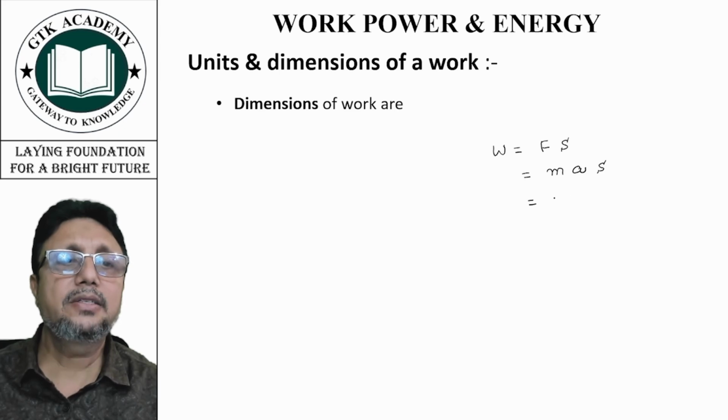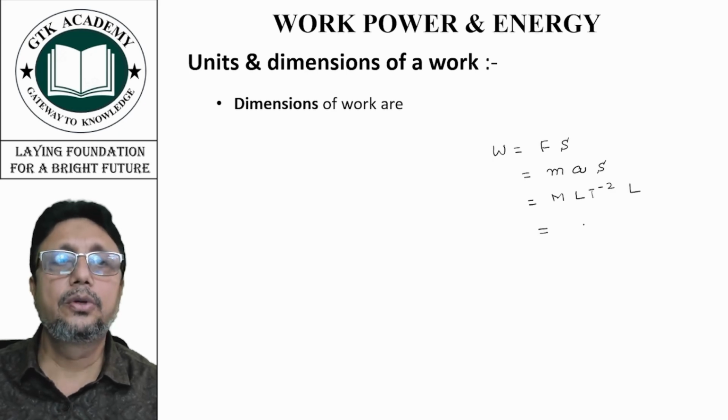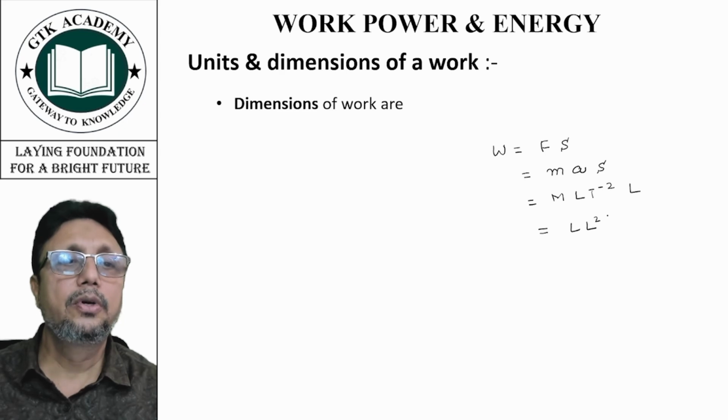The dimension of mass is M, acceleration is L T minus 2, and the dimension of S is again L, length. So dimensions of work will be M L2 T minus 2. That's what we have written.